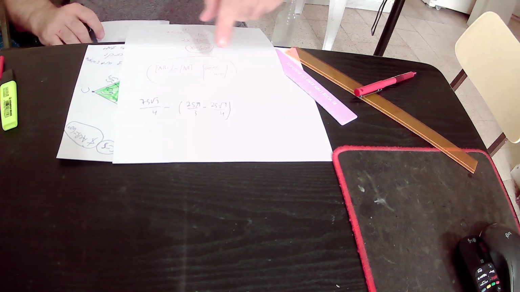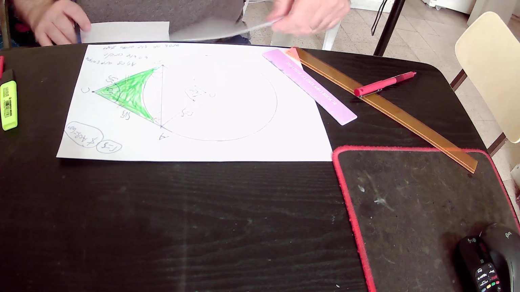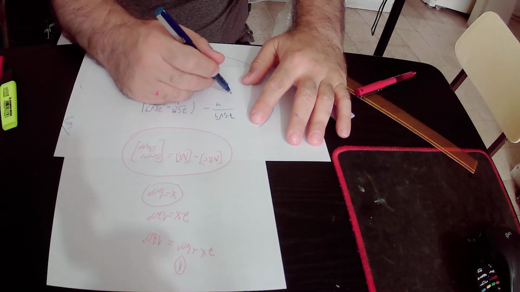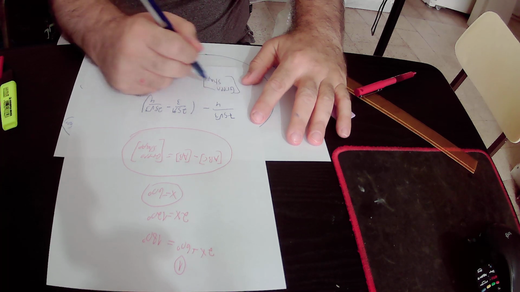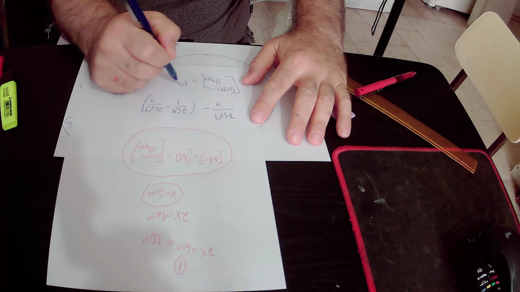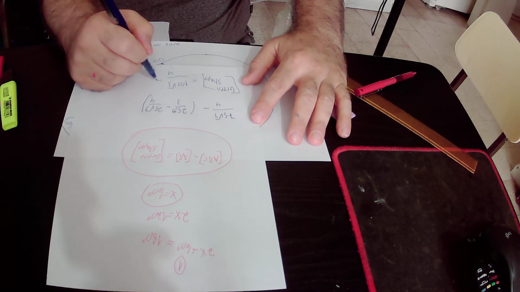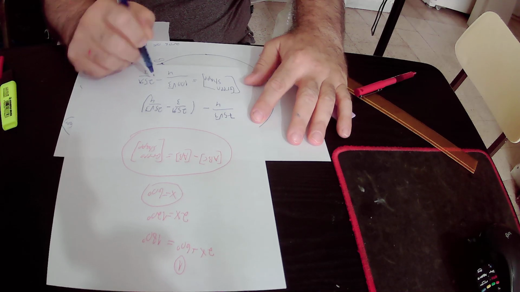Here we will open the brackets. 75 root 3 plus 25 root 3 is 100. So the area of the green shape will be equal to 100 times root 3 over 4 minus 25 pi over 3.